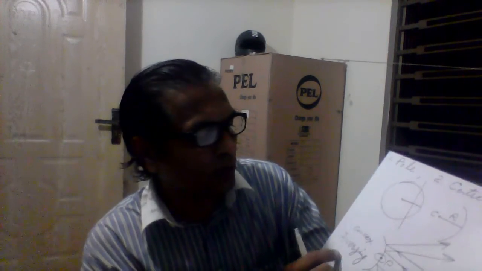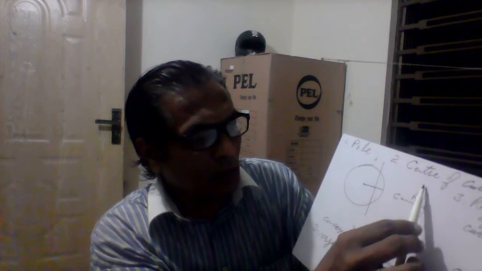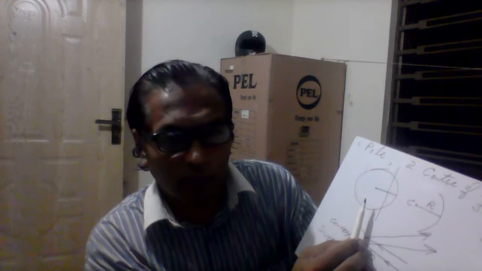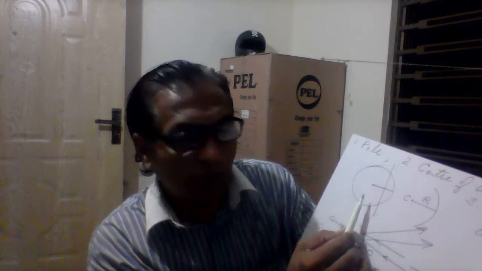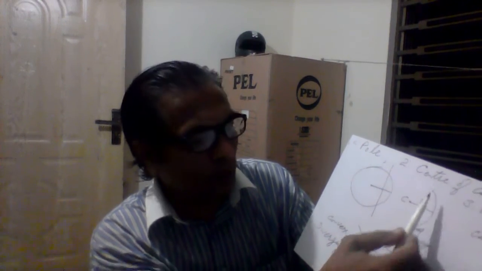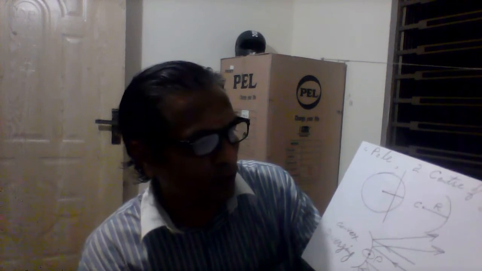What about center of curvature? We will define that the spherical mirror is part of a hollow sphere. The center of that hollow sphere is now called the center of curvature for this spherical mirror. Again, what is radius of curvature?